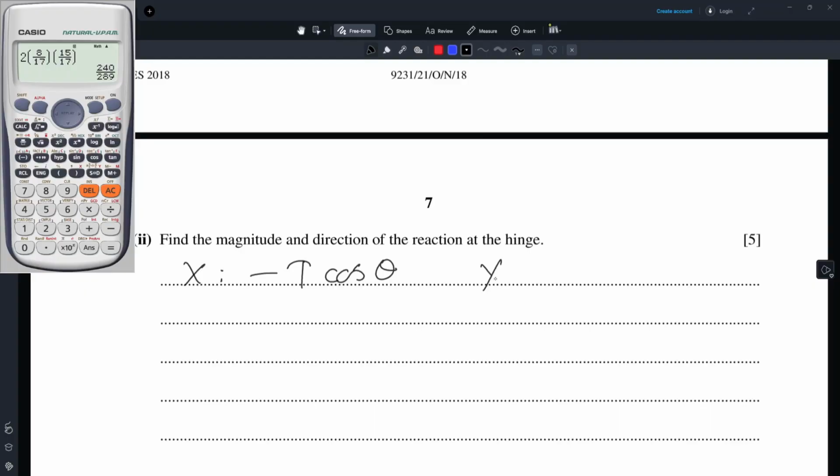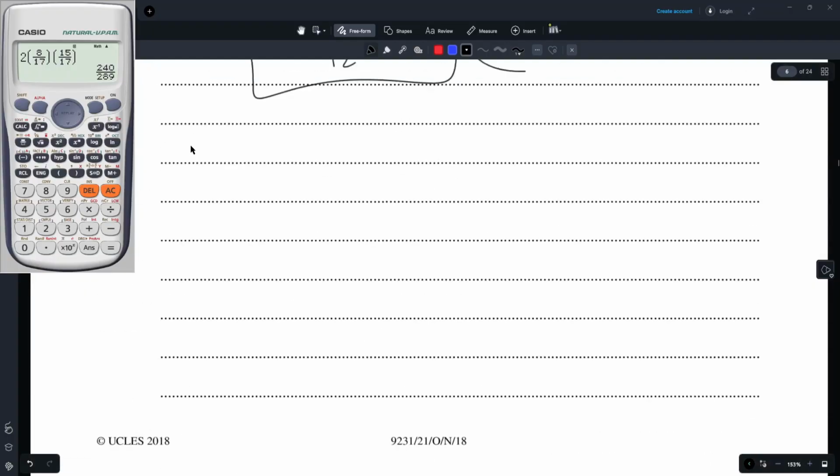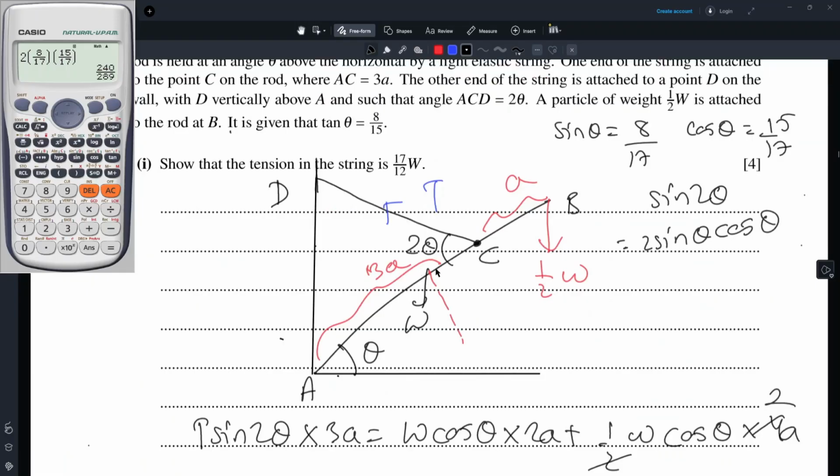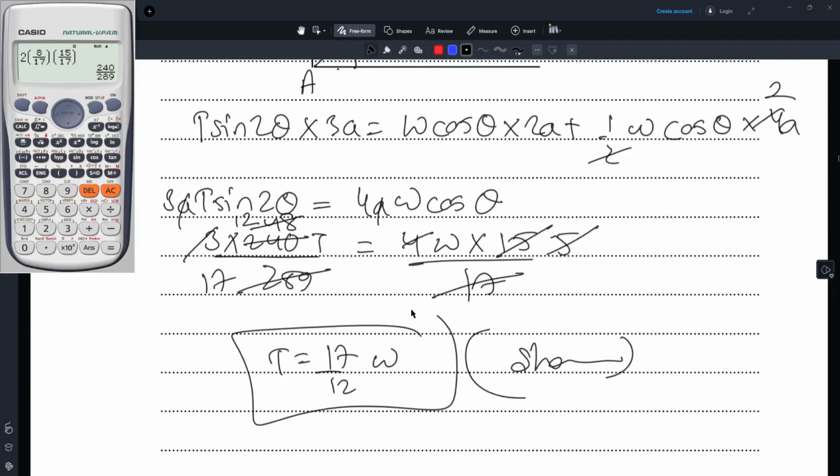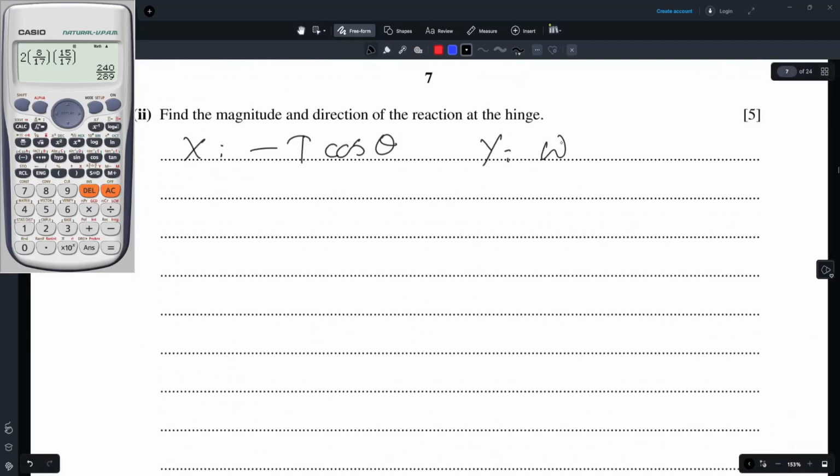And then we have y equals to W, which means the force at A is going to be W. I'm just going to first of all find the components.